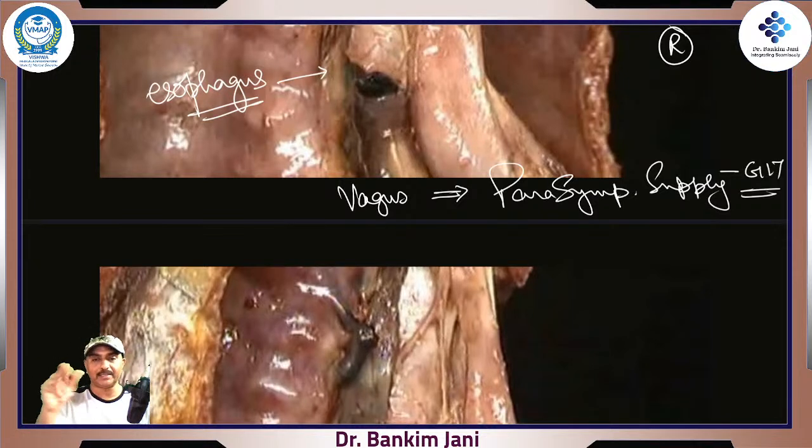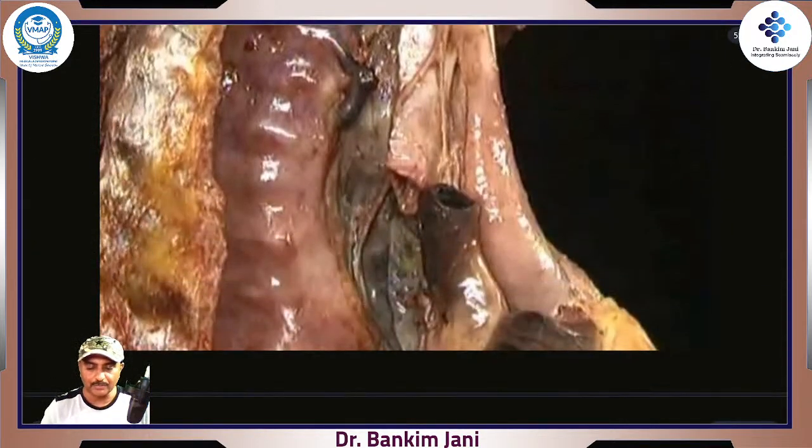For sympathetic, there are sympathetic ganglia, the sympathetic chain, in which there would be all the sympathetic ganglia. A chain is formed, and from the chain things will be going. Fine, so sympathetic and parasympathetic, problem solved. It is this vagus which will be giving parasympathetic supply, and here it is giving it to the esophagus, right?